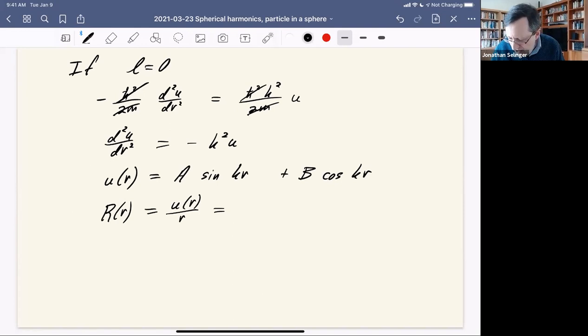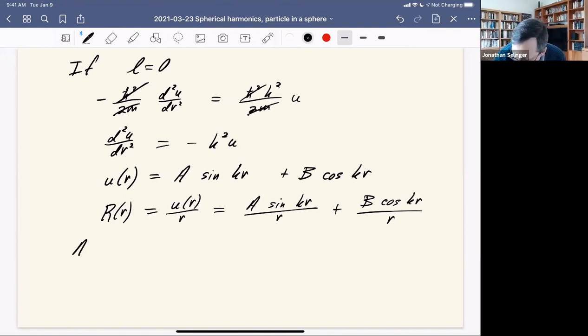So that is a sine kr over little r plus b cosine kr over little r. Okay, so we have these two arbitrary coefficients. We could say, what happens when little r goes to 0? So right at the center of the sphere.